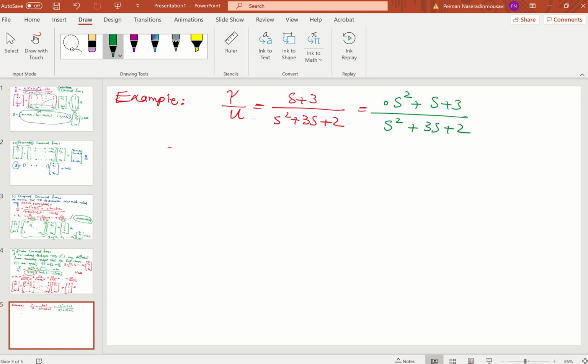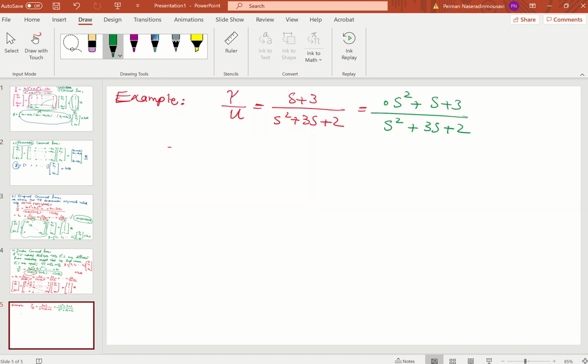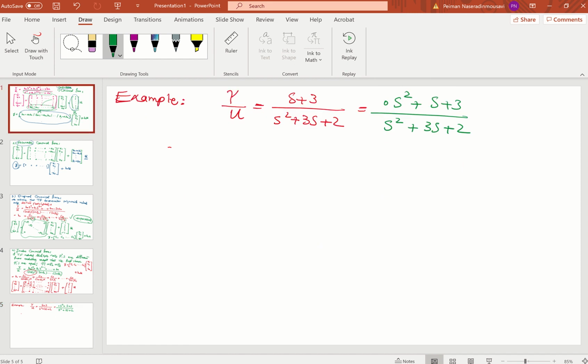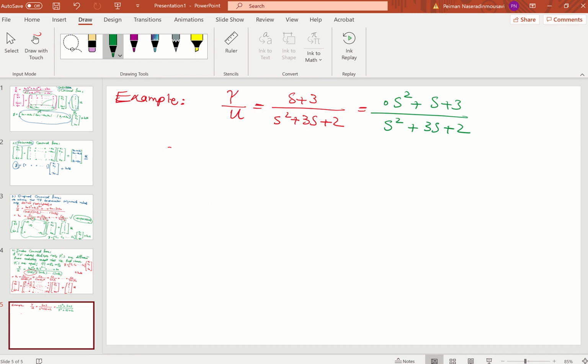Comparing this, your b0 is 0, your b1 is 1, and your b2, or bn, because your system is a second order system, is 3.